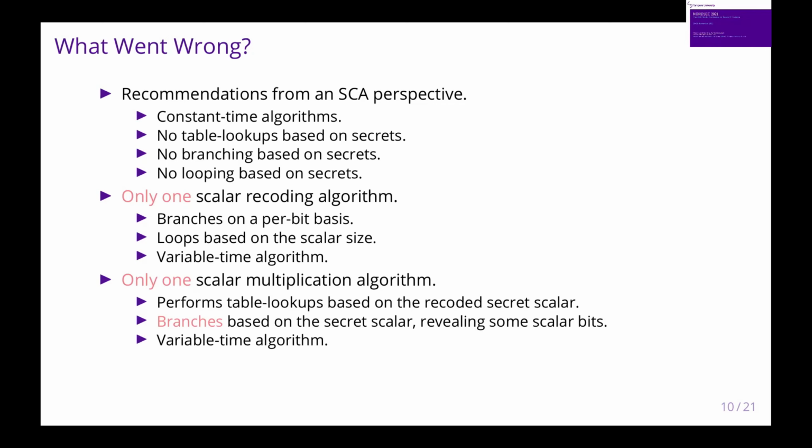So that's also quite bad. And additionally, it also branches depending on some of these recoded secret scalars. So in general, there's a lot of potential to recover secret information if we were to use this badly optimized implementation.